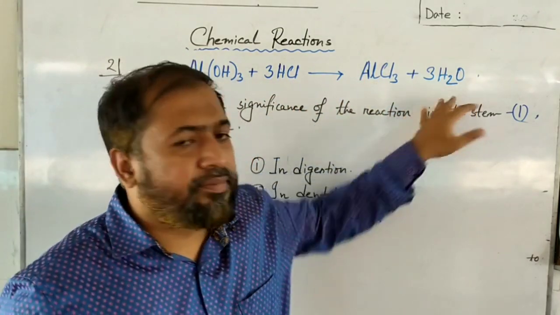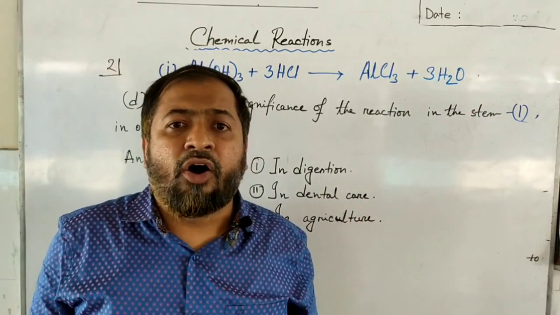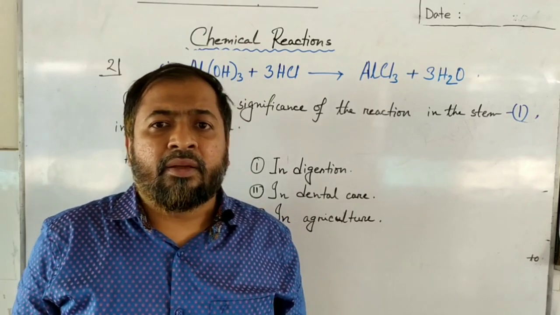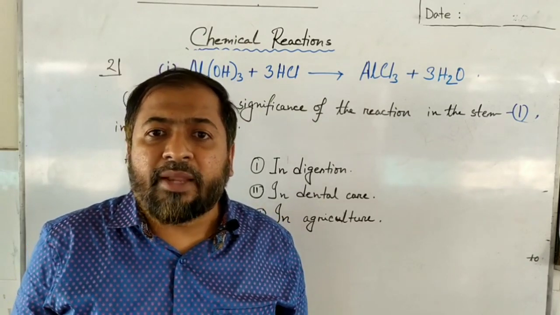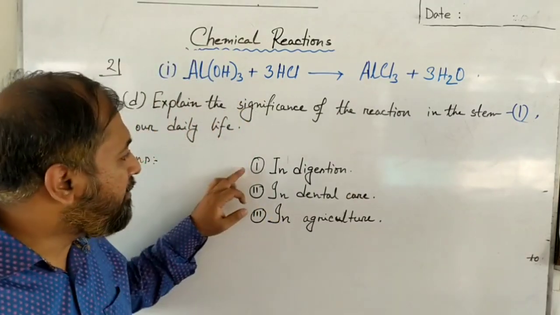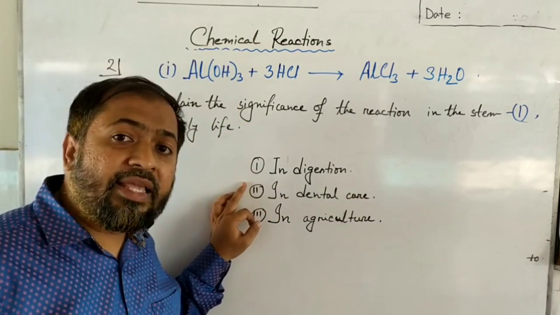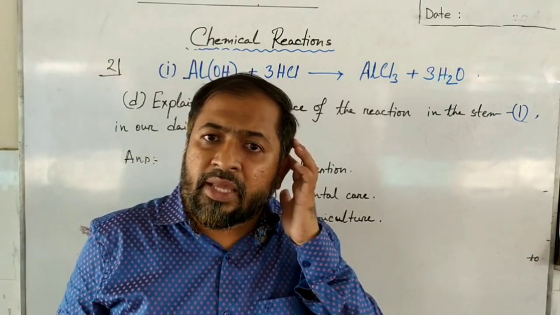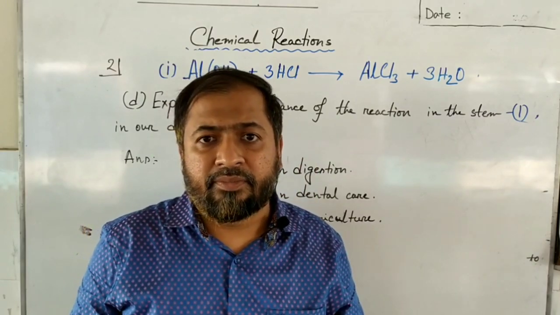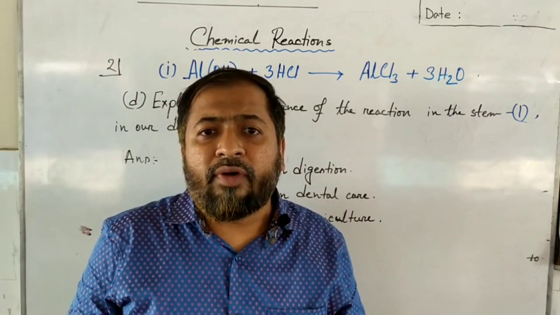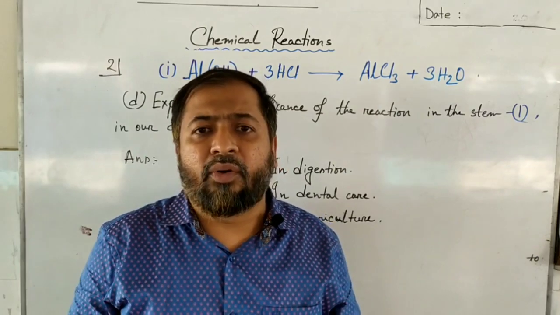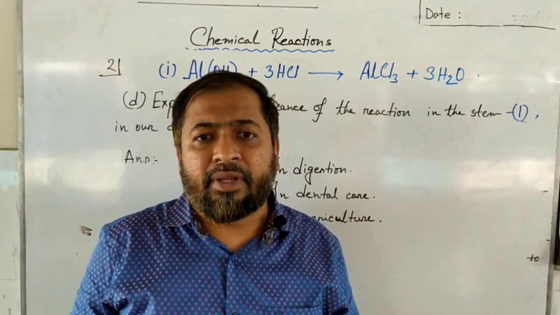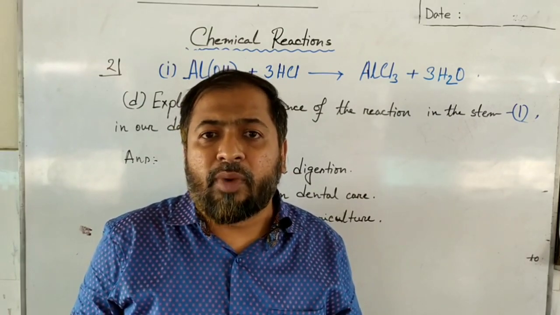and produce aluminum chloride and water. Now, the significance of this reaction is immense. There are three contexts where we can observe this reaction happening. Number one, in digestion, in dental care, and in agriculture. We know the human stomach produces a lot of hydrochloric acid, but when the production of hydrochloric acid is in excess, then it causes different types of problems. It produces a huge amount of gas and different types of stomach pain.